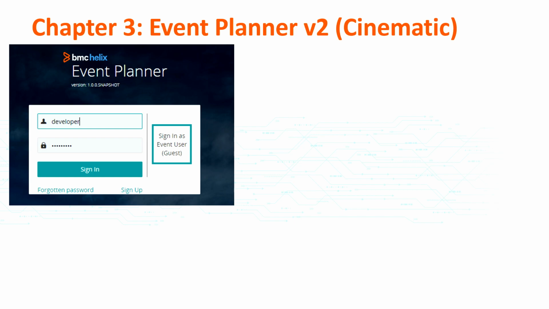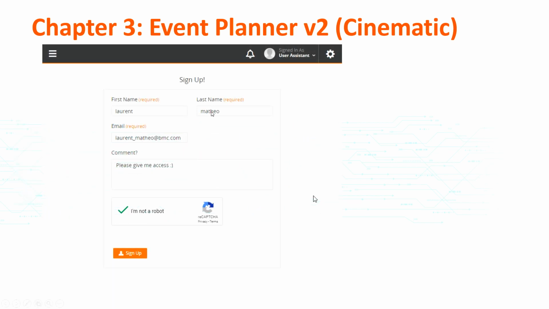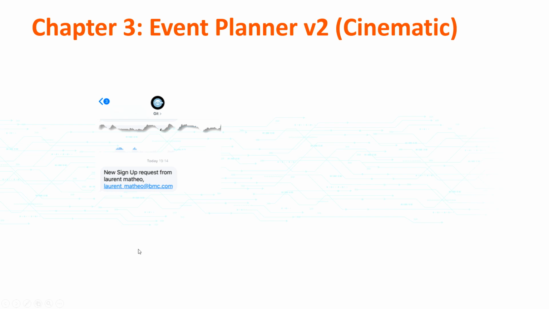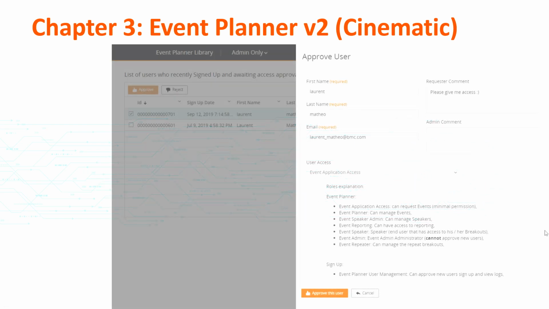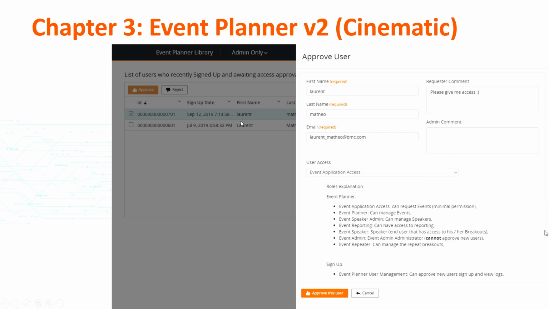So back to the cinematic. The user clicks on sign up, enters the personal information, answers the challenge, and clicks on sign up. The admin will receive a text message and notification. The admin will access an admin console and, for this user, will decide what kind of permissions and roles to apply.